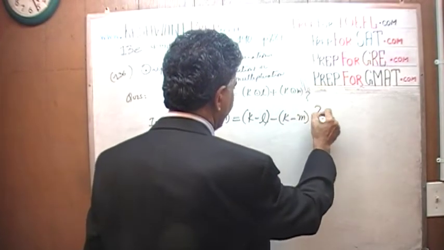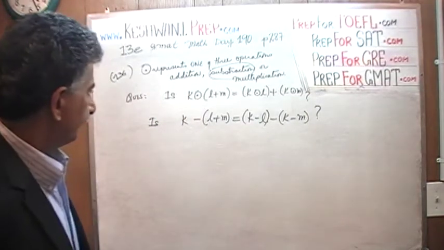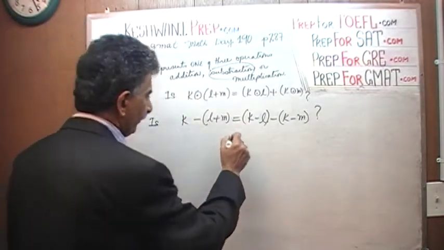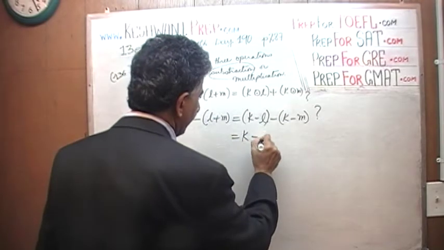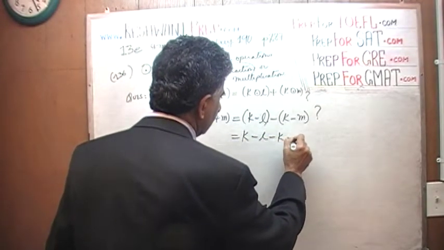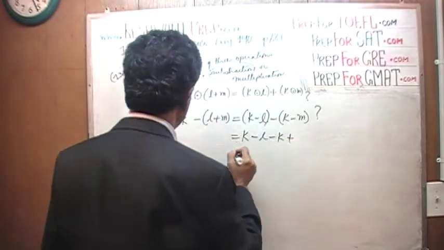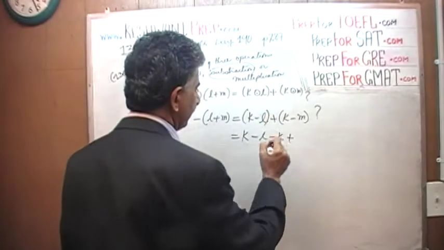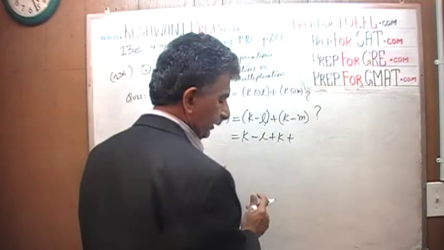That's what we want to know. Well, let's find out. And this is going to be k minus L, minus k, oh, it's plus sign, sorry, it's a plus here, plus k and then minus m.